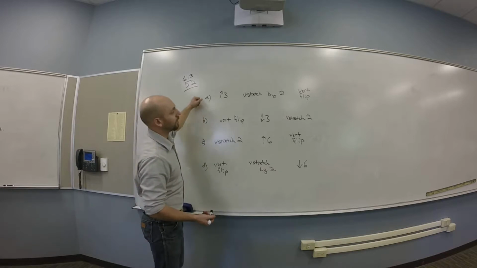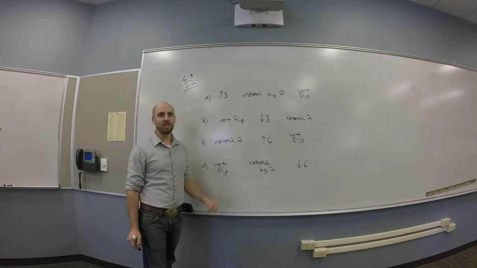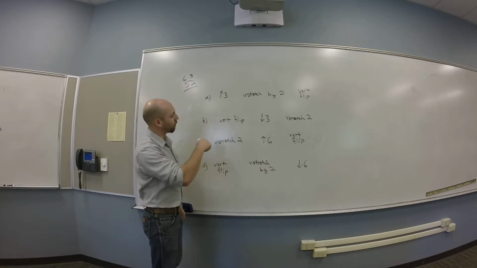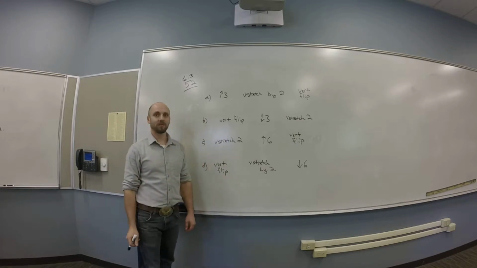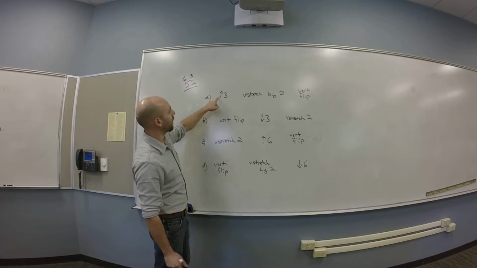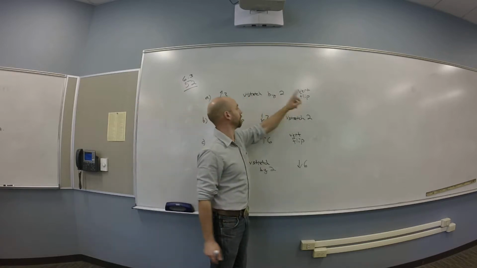Okay, so in order to do this, it might be easiest to make a formula for each one, right? Are these before or after the rule things? Well, it looks like they're all after. They're like up, vertical stretch, vertical flip.